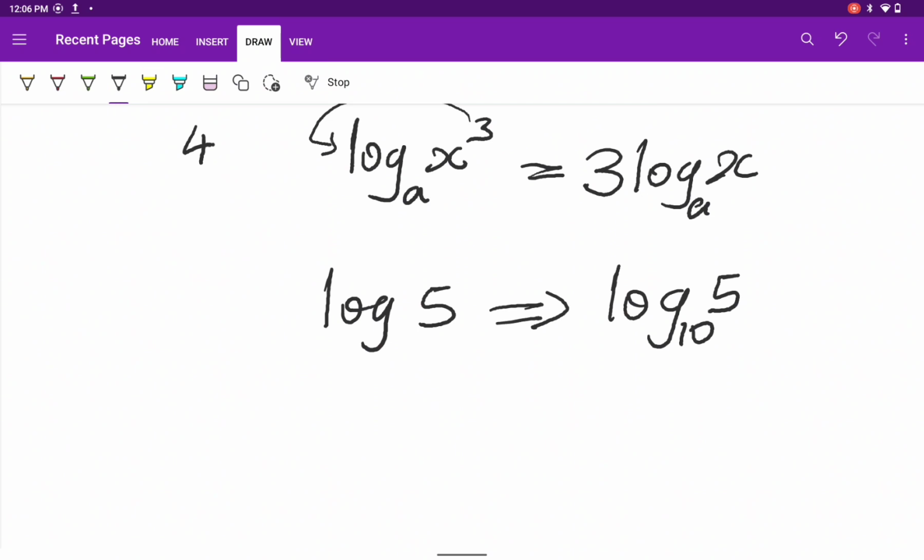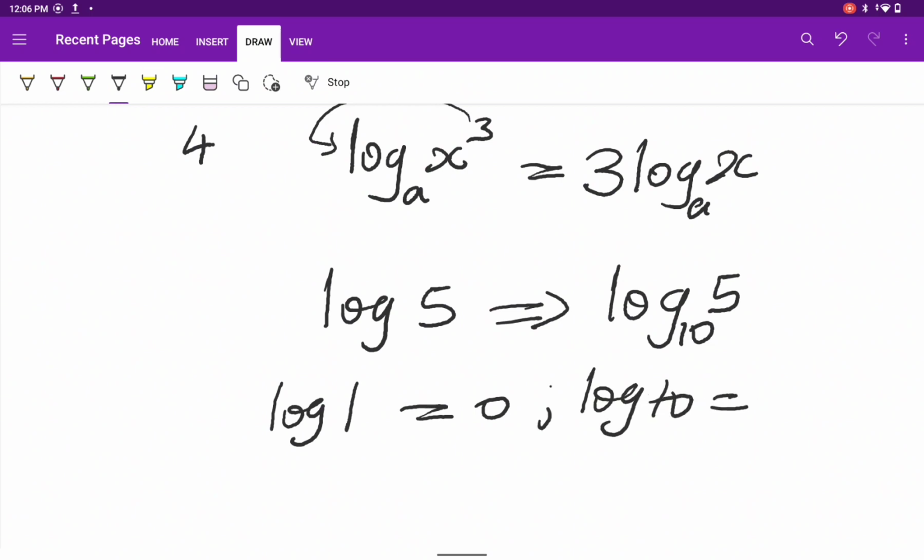Now, log 1 is actually 0, and log 10 will be 1, because remember the base is 10, so it's log 10 base 10, which is 1.